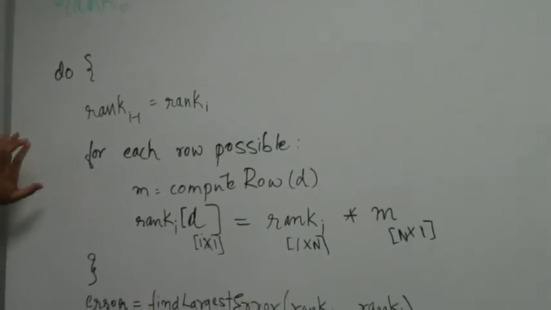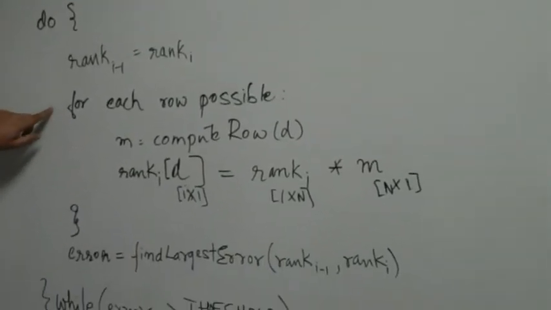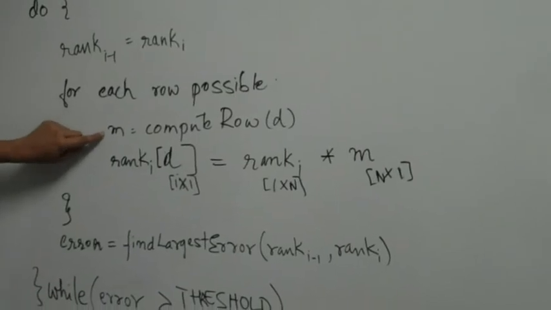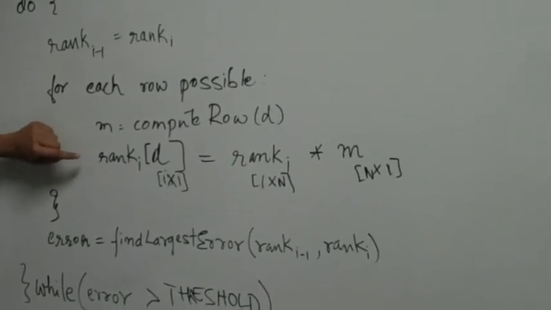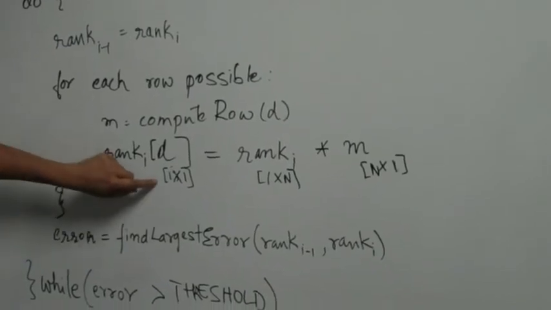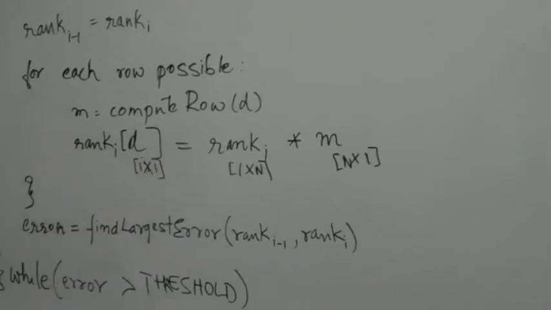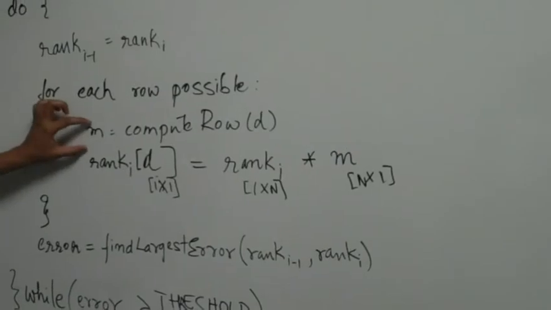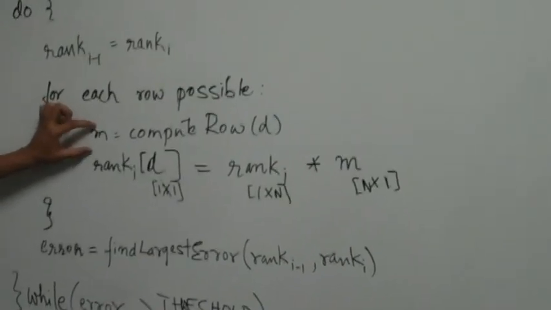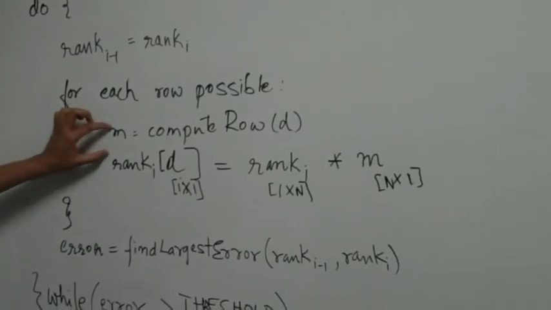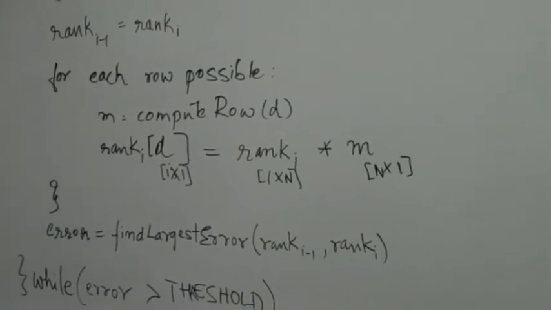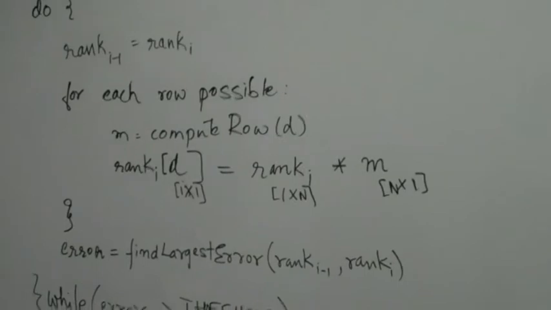For each possible row, that is a document, we are going to compute that row on the fly and then update the rank for that document using the formula. Doing this part is the most crucial part, and I don't want to give the full pseudocode for that because you need to figure out how to do that.